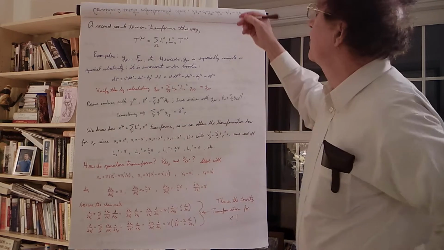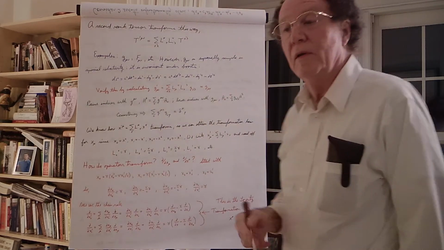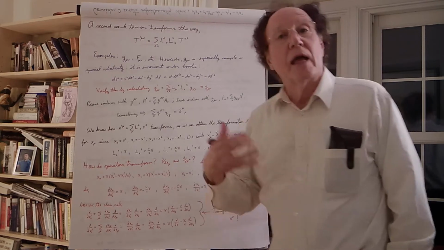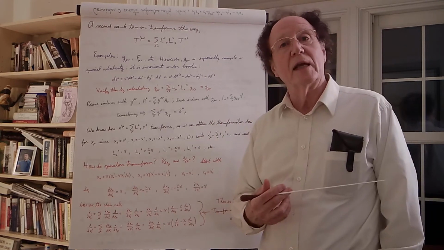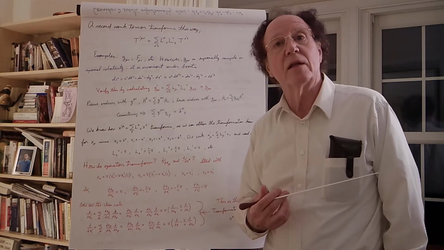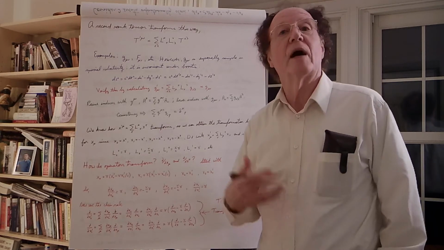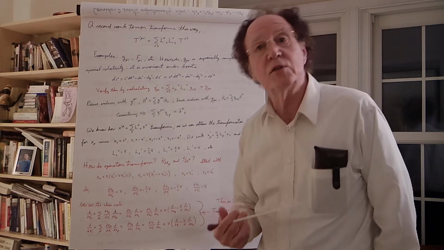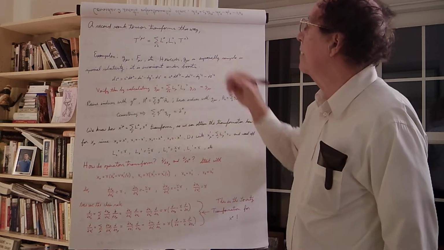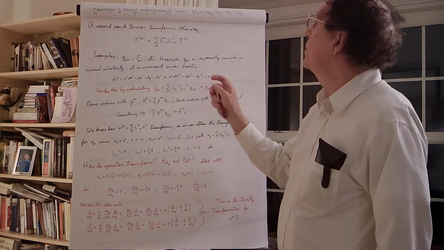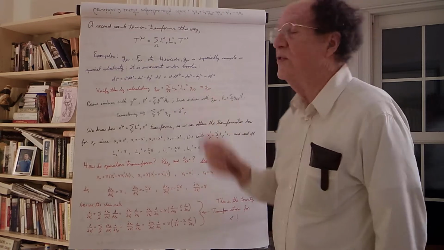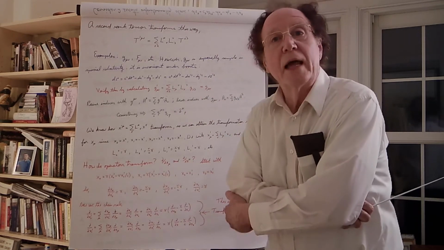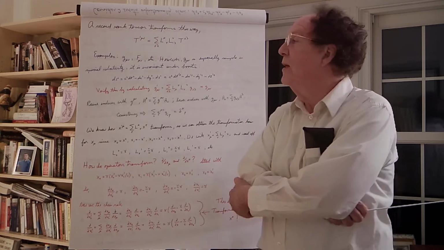Examples of tensors: the simplest one, of course, is the metric itself, G mu nu. Later in the course, when we do electricity and magnetism, when we study the electric field and the magnetic field, we'll develop another second-rank tensor called the electromagnetic field strength, written F mu nu. F mu nu will satisfy this transformation law when you transform electric and magnetic fields from one frame to the other.